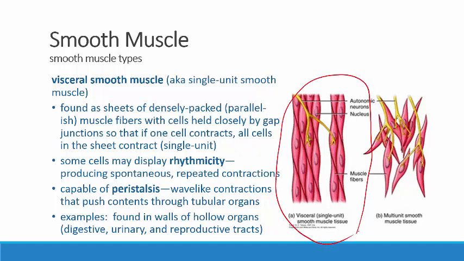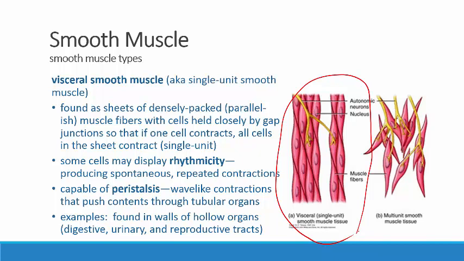They're found as sheets of densely packed, usually parallel muscle fibers, held closely together by gap junctions. Because they can spread that signal to contract across this sheet of muscle cells, they don't need to be each one innervated by its own branch of an axon.